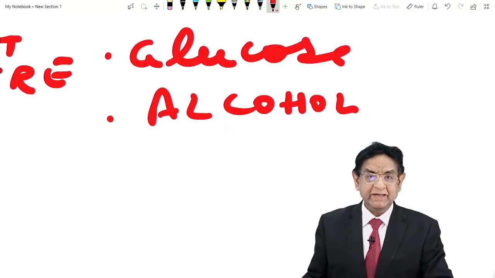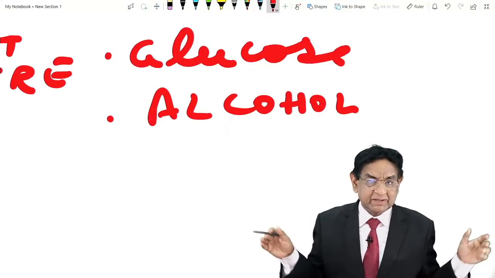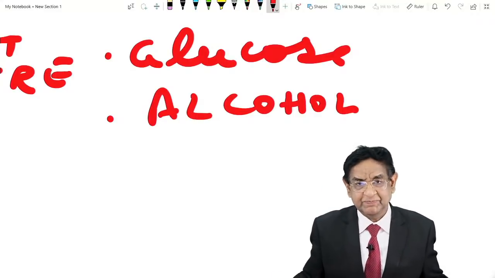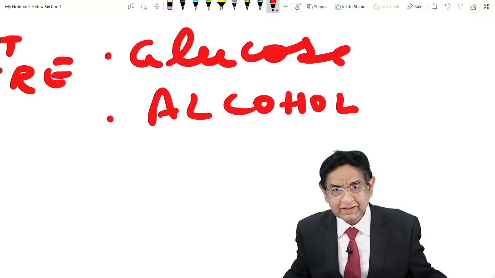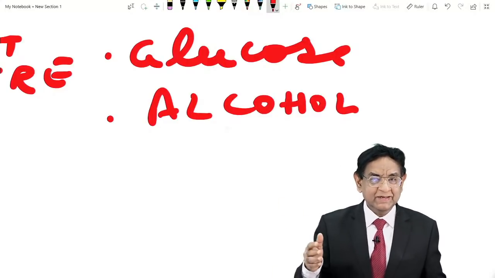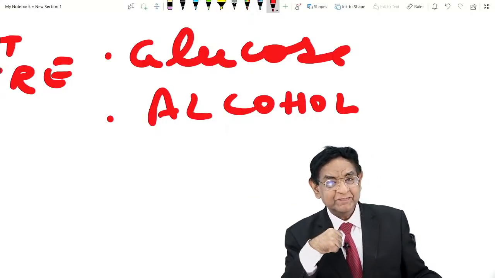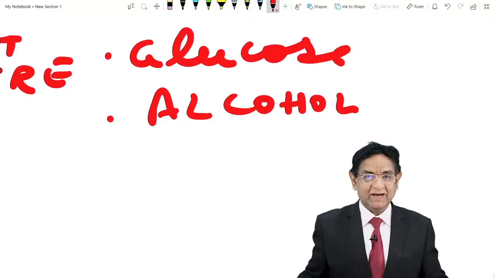That's why if the person takes the alcohol very fast, it gets absorbed in stomach and the patient gets intoxicated very fast. And poets sing songs, "पीते ही नशा आ गया." You are sitting in a mushaira, the poet is sitting, "पीते ही नशा आ गया."